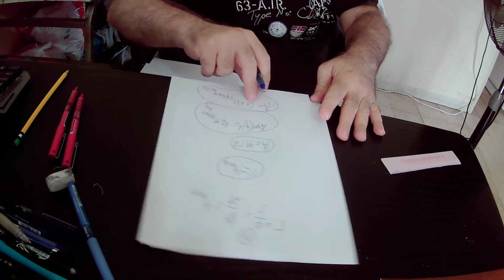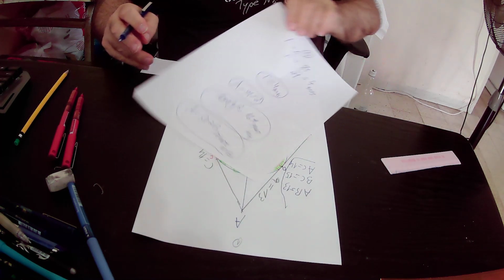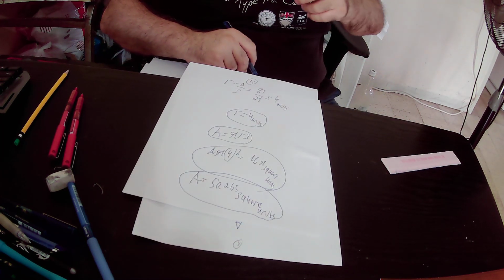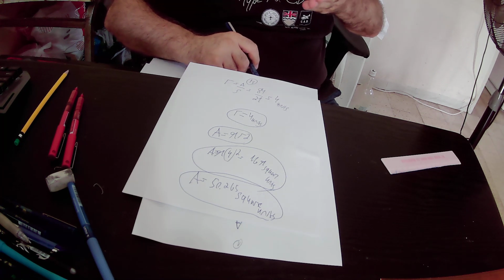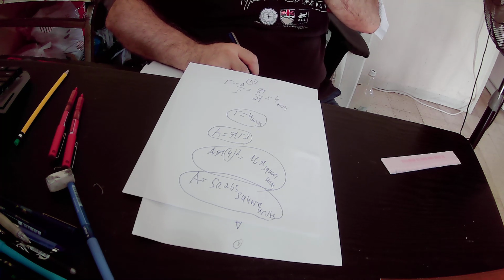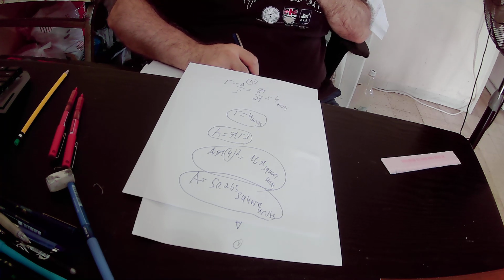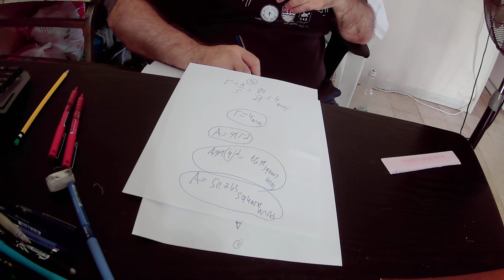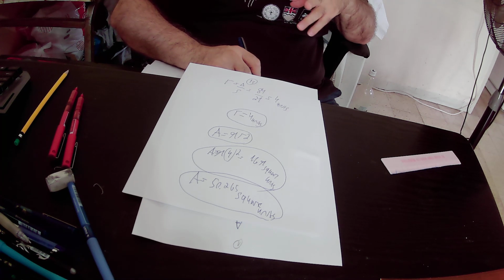Okay, so we found out that the radius of the circle is 4 units, and the area of the green circle equals 16 pi, or in terms of numbers, 50.265 square units.